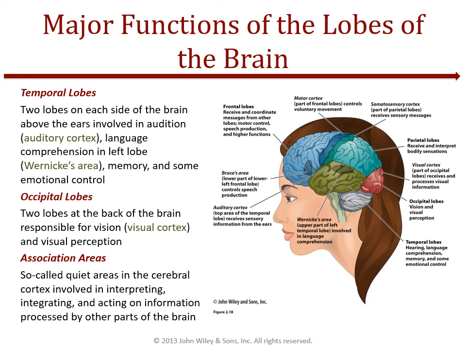So, as I said before, we use much more than 10% of our brains, but because there's no specific labeling of exactly what the association areas do, people felt that was a dormant area, but in reality, it's not.